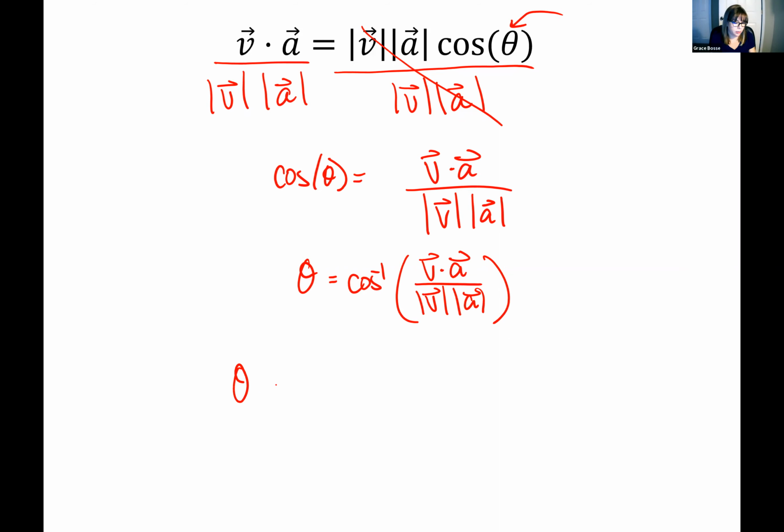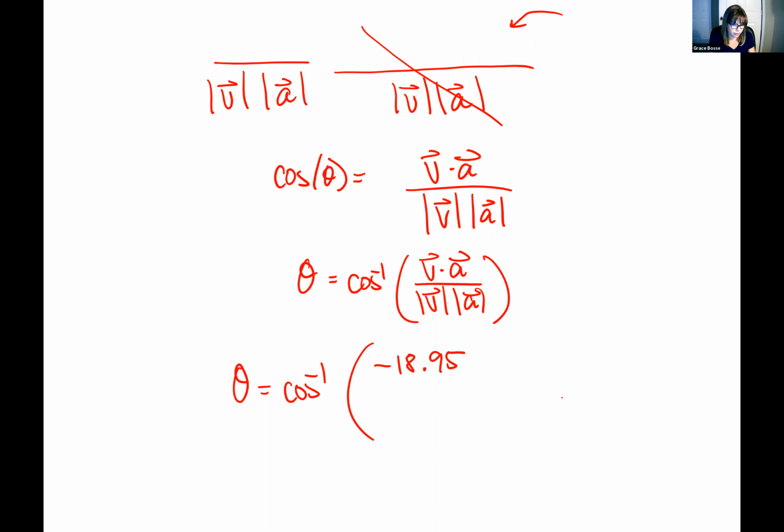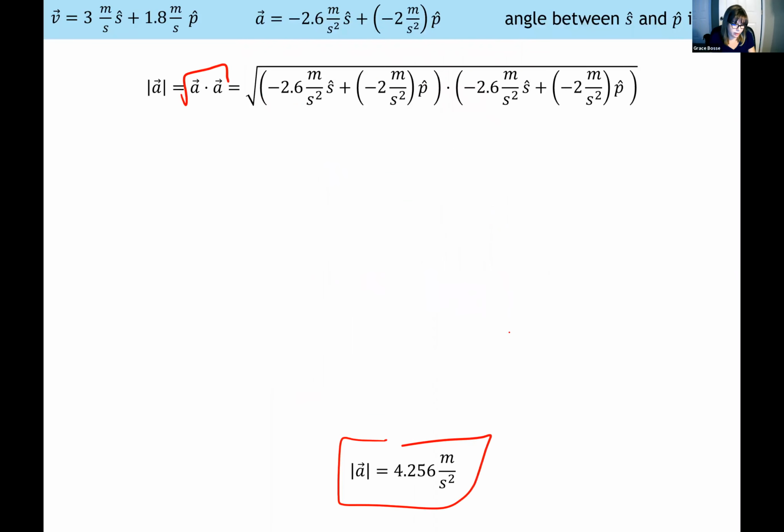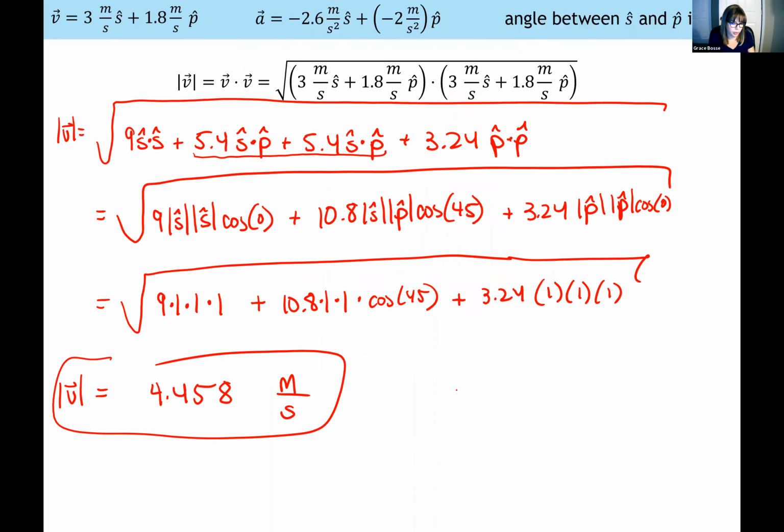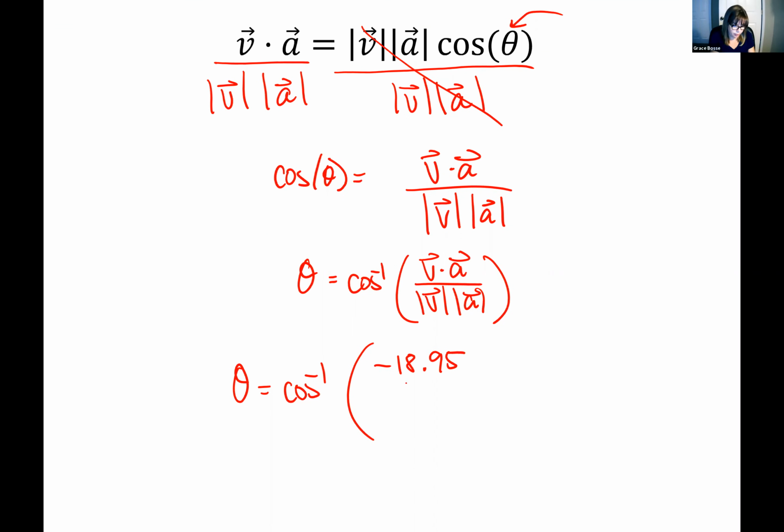So theta is going to be the inverse cosine. V dot a, we got an answer of negative 18.95. Let me check that to make sure it's exact: we got negative 18.952. I'm going to be really exact and put that in there. That was meters squared over seconds cubed.